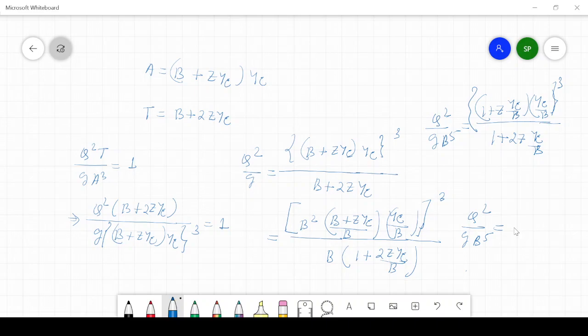First, suppose you have to compute the left hand side, Q square by g B to the power 5, from the given discharge and width B. Okay, so in that way you have to do some trial and error. I am just showing you the expression. Actually for this you can write down a computer program also. This is a trial and error method.